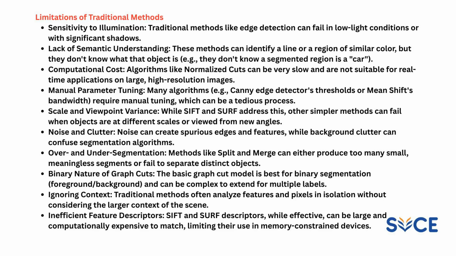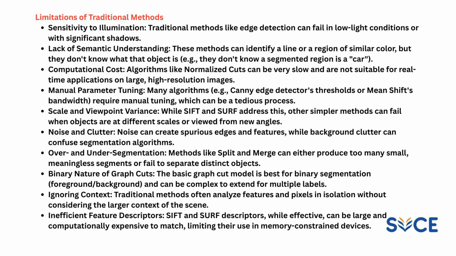They require solving complex mathematical problems, and processing a single high-resolution image can take several seconds or even minutes. So this makes them unsuitable for things like autonomous driving or video surveillance, where decisions need to be made in milliseconds, because of this delay.